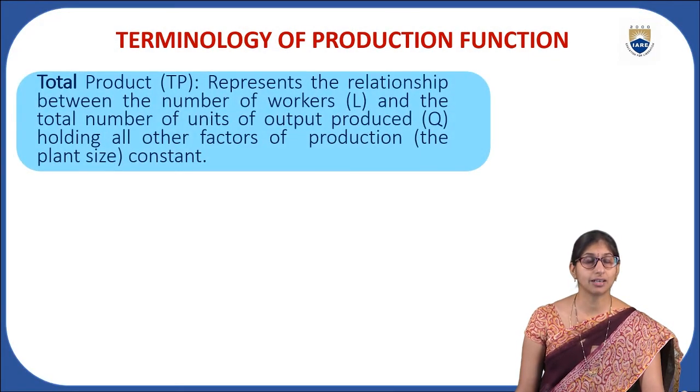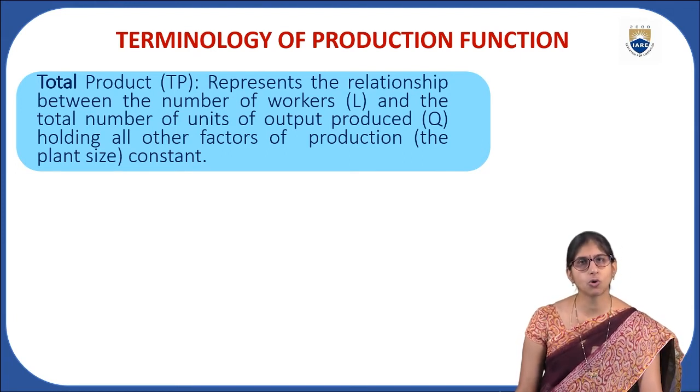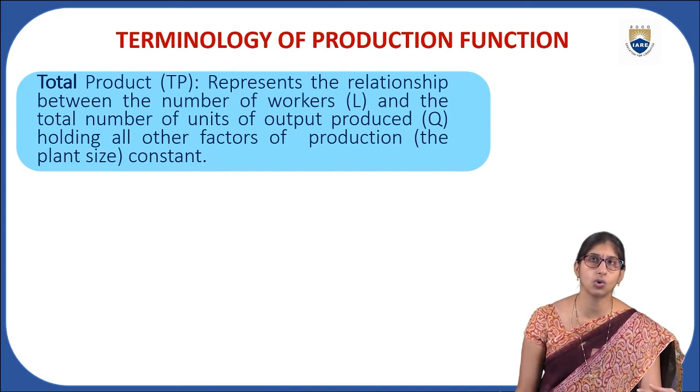What are the terminologies for production function? In the case of the law of variable proportion, we have three types: total product, average product and marginal product. Total product is the total relationship between the number of workers and the number of units we are going to produce.